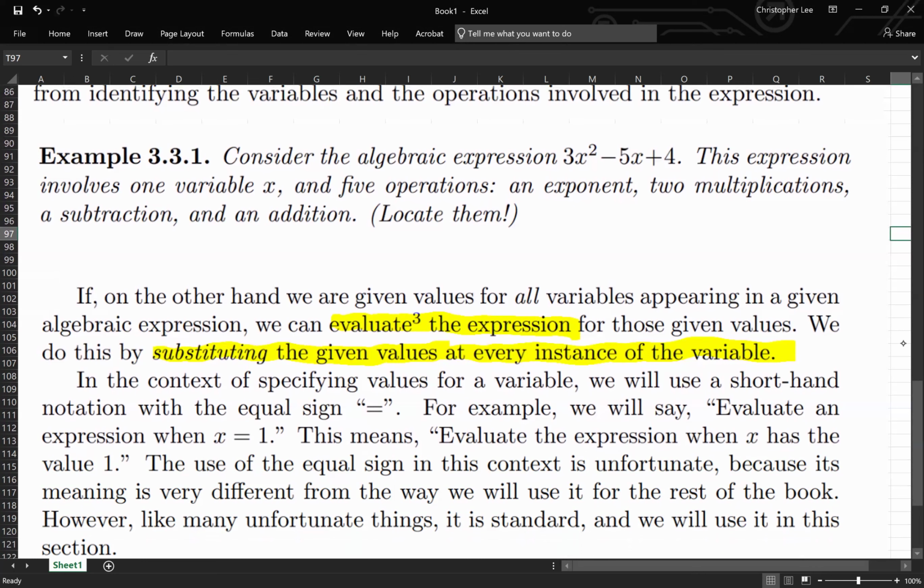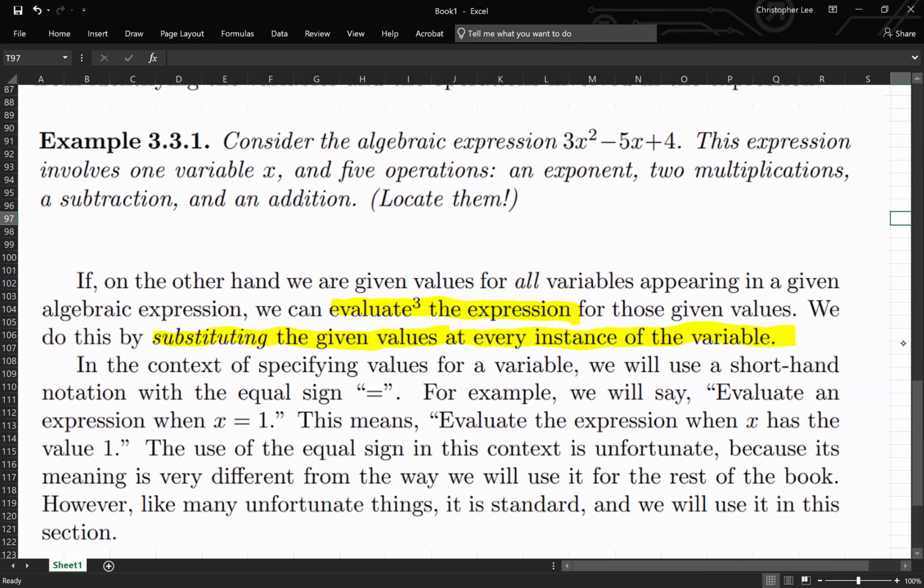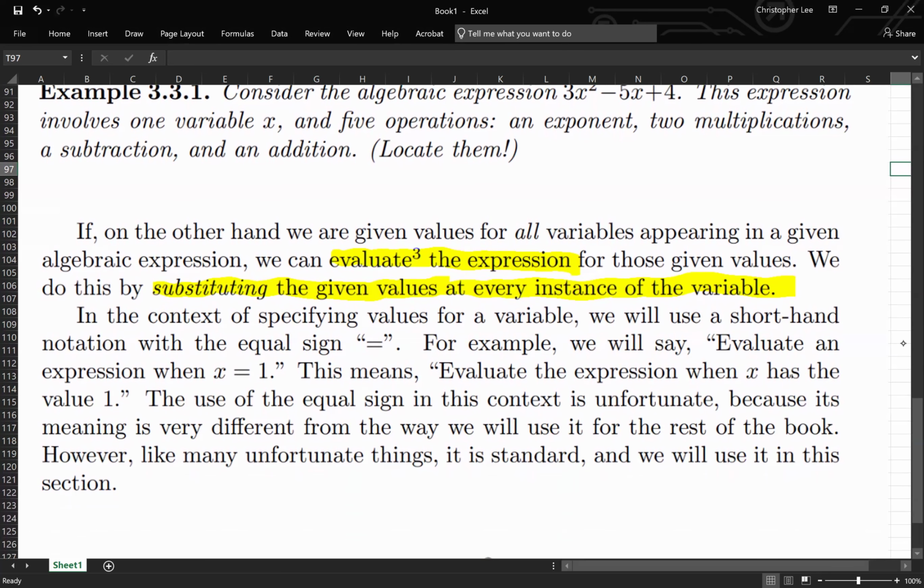So for example, we will say evaluate an expression when x is equal to 1. This means evaluate the expression when x has a value 1. The use of the equal sign in the context is unfortunate because its meaning is very different from the way we use it in the rest of the book. However, like many unfortunate things, it is standard and we will use it in this section.